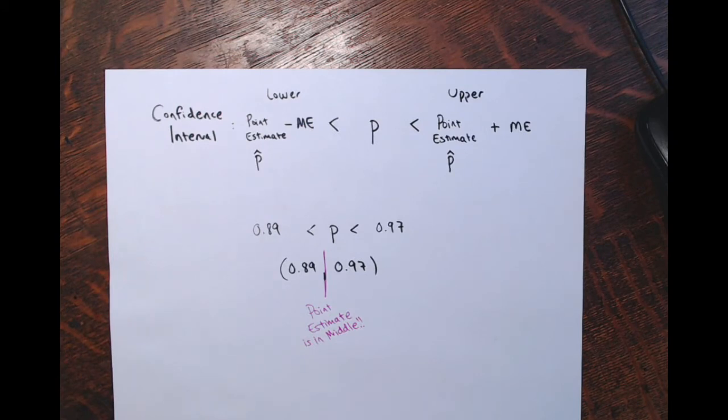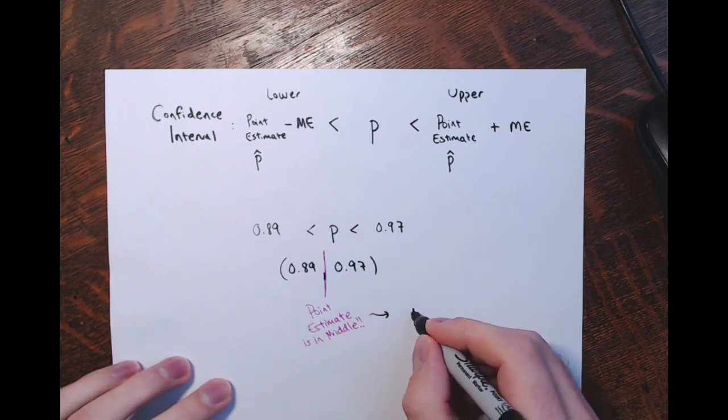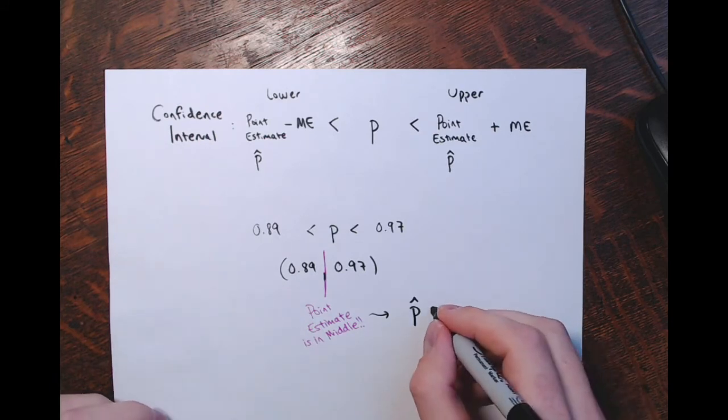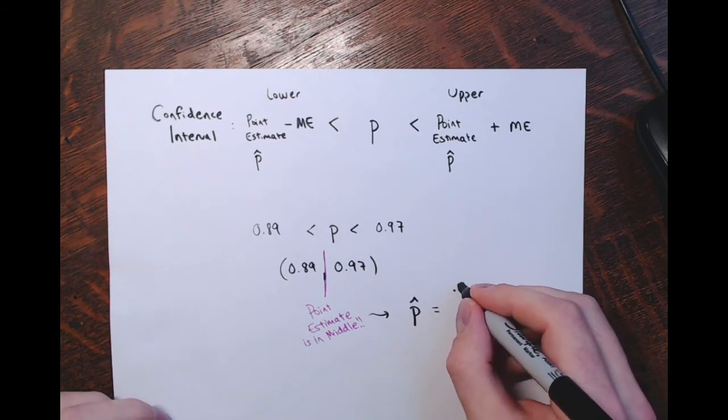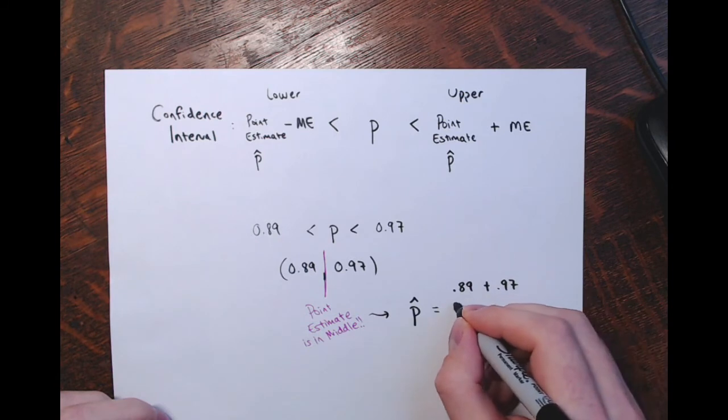So how do you find the middle of two numbers? You take their average. So p hat, the proportion of the sample of accountants that double check their work, will be 0.89 plus 0.97 divided by 2.